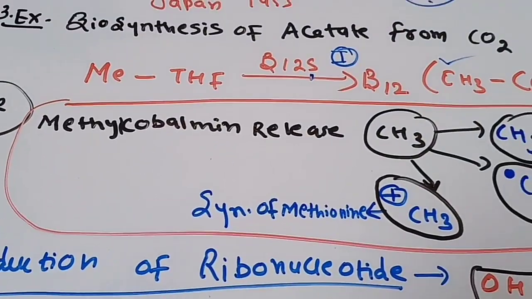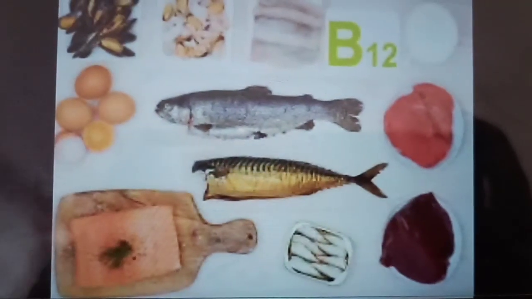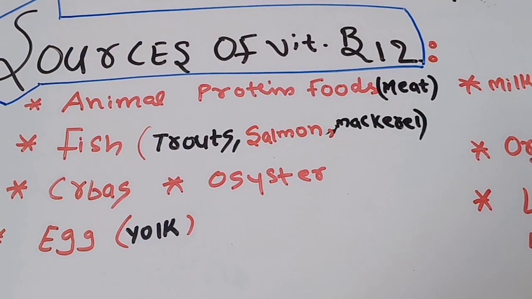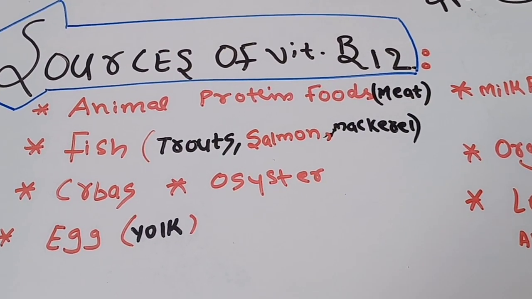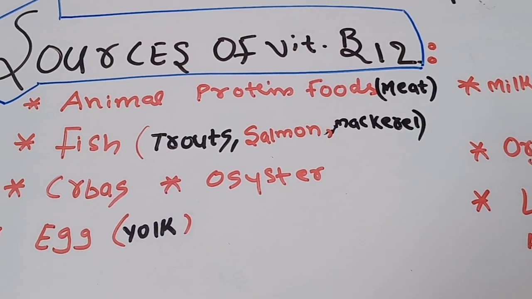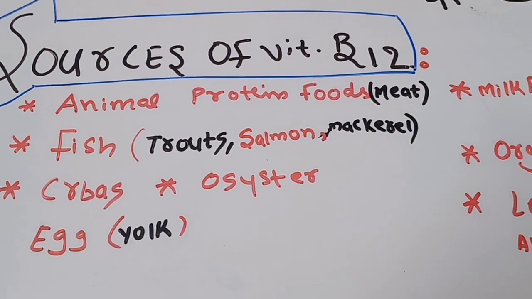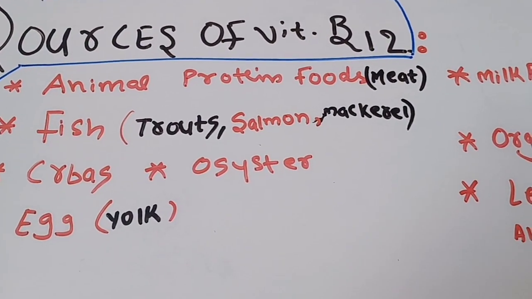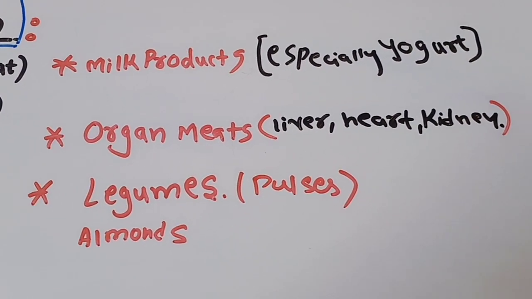So now let us see the sources of vitamin B12. The important sources of vitamin B12 are animal protein foods, especially meat, fish like trout, salmon, mackerel, crabs, and oysters are also good sources of vitamin B12. Egg yolk is a very good source of vitamin B12. Milk products, especially yogurt, are rich in vitamin B12.